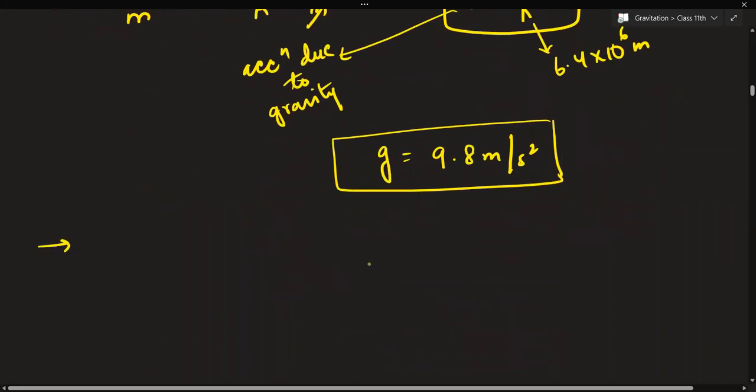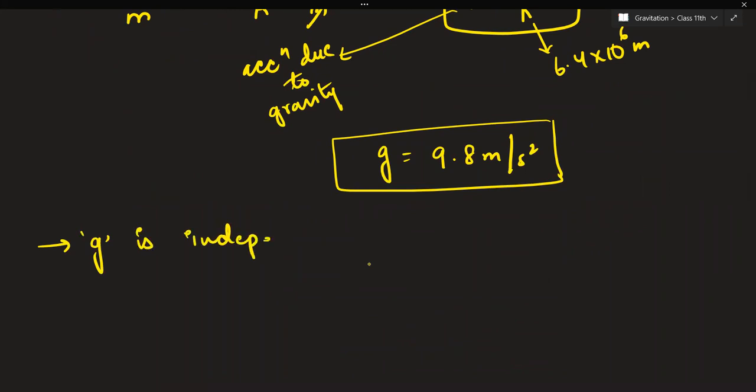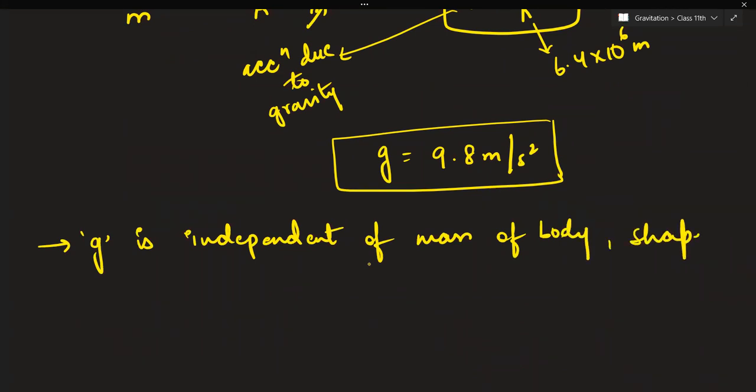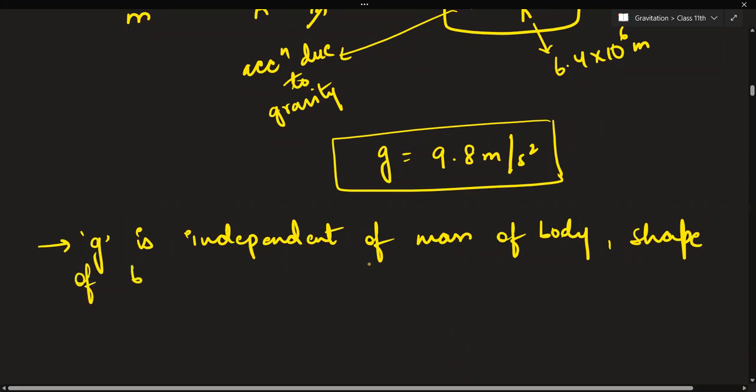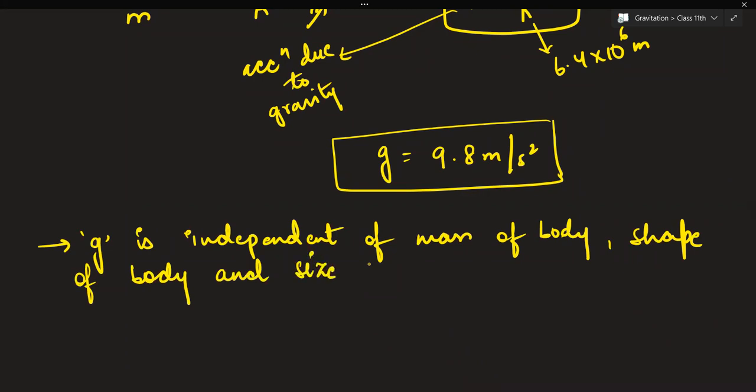So this shows that small g is independent of the mass of the body, shape of the body, and size of the body. And this value is already constant, which is 9.8 meter per second square. We'll see details on this acceleration due to gravity later on.